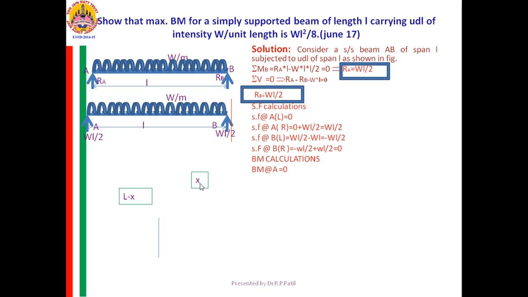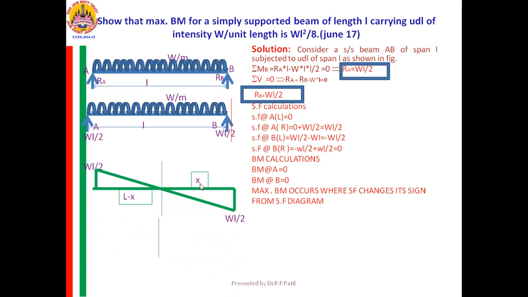Okay, BM. BM at A is 0, BM at B is 0. To complete the diagram, bending moment varies. Bending moment is maximum where SF changes its sign. For that, I need to go for the SF diagram. Yes, this is the SF diagram.